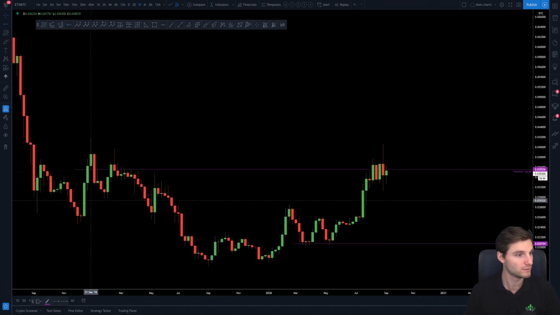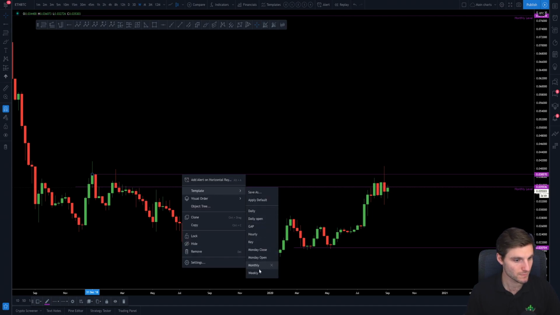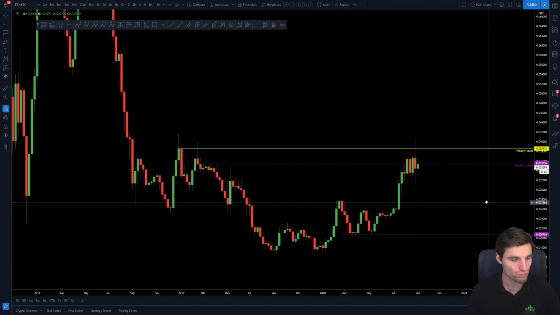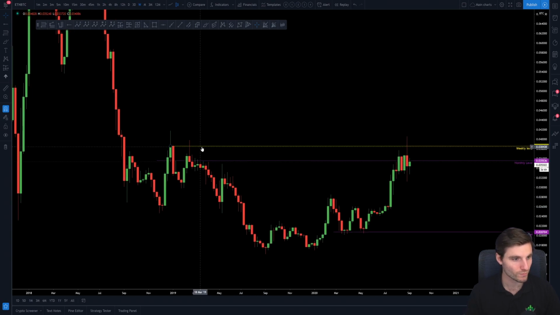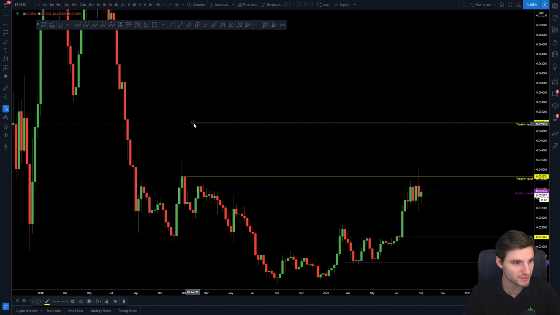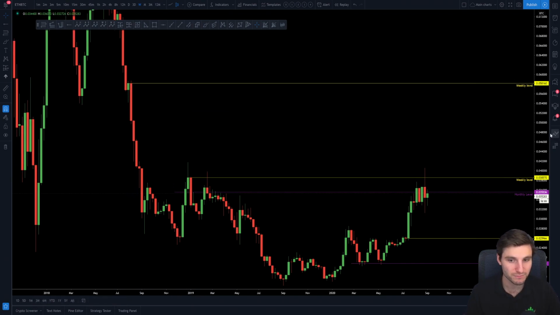I always start my charts by marking out monthly and weeklies. You'll probably know that.